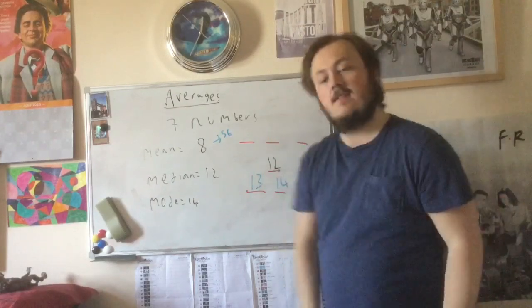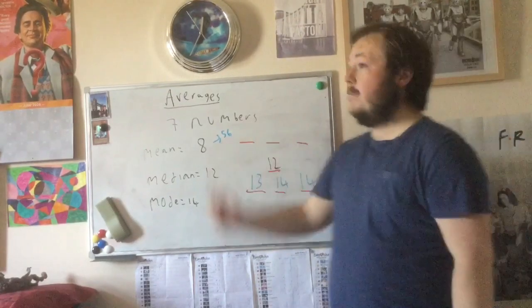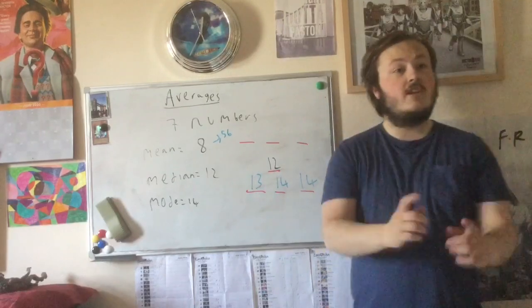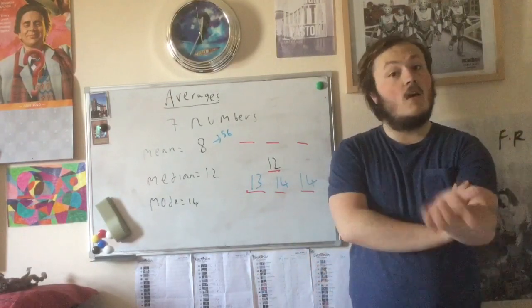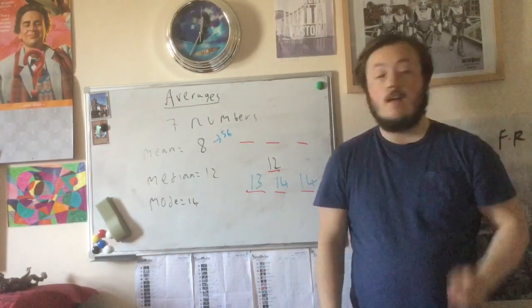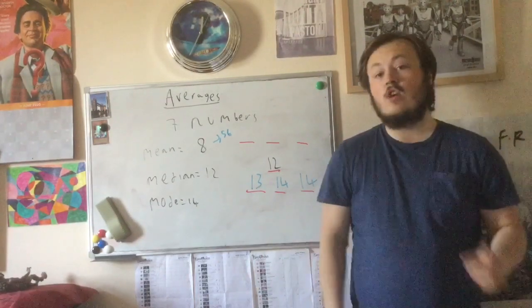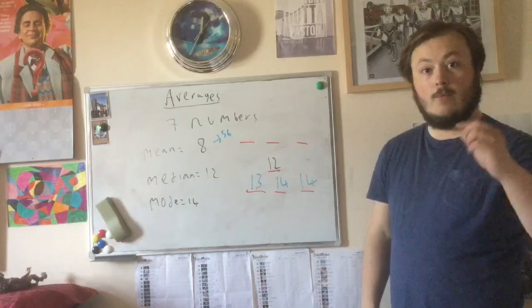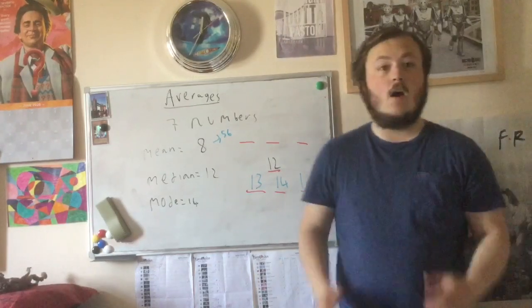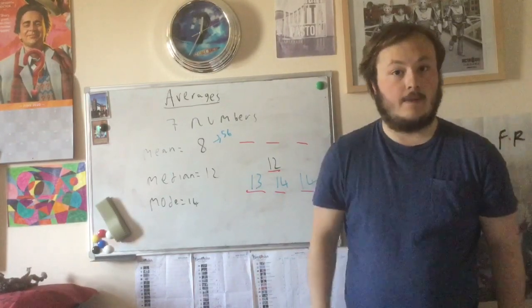But the problem is we've now got 3 more numbers to add on to our total to ensure that we still meet our target of 56. These 3 numbers have to be lower than 12, but we also can't have any numbers appearing more than once, because that would mean that our mode of 14 won't apply.